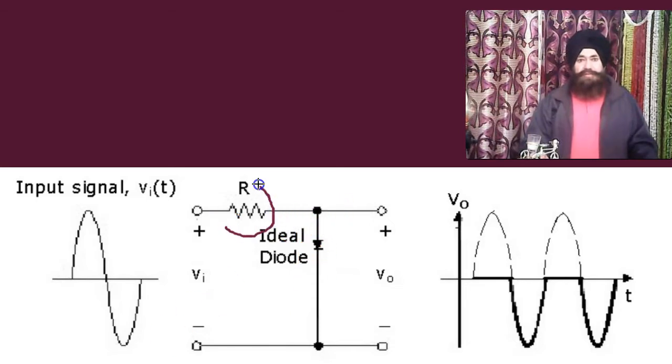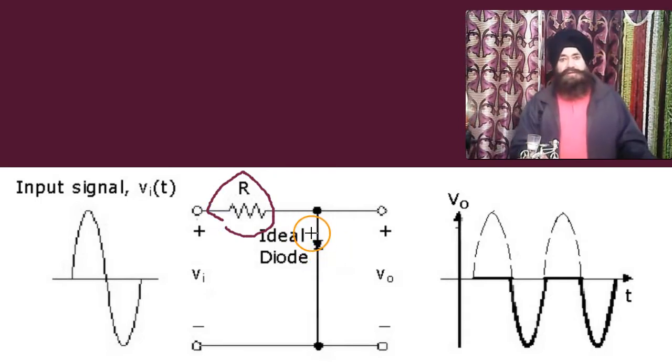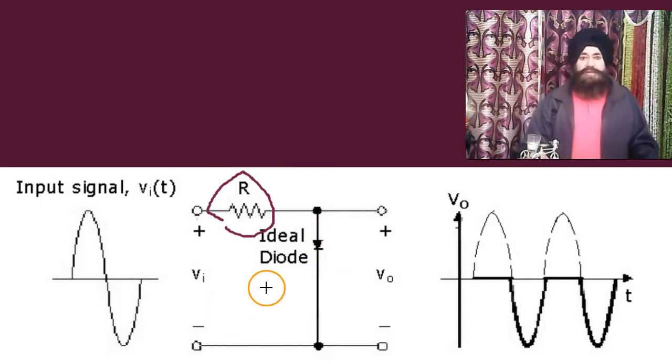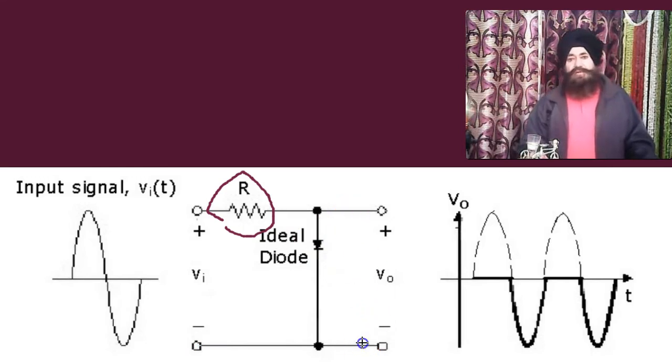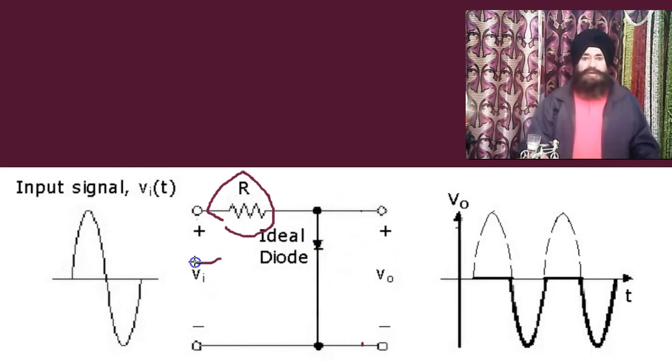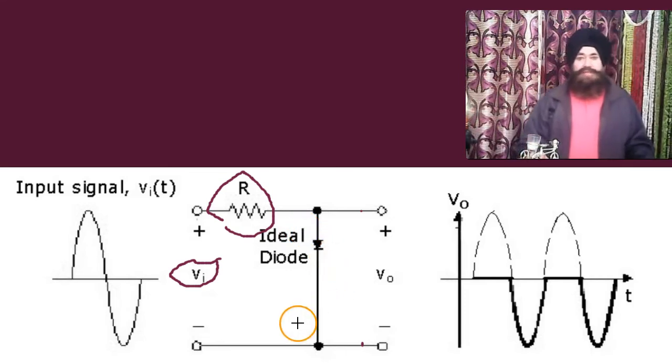This is a resistor, and then we have a diode. Across the diode we get the output. Input voltage is applied between the two ends, and no battery is attached in this case.